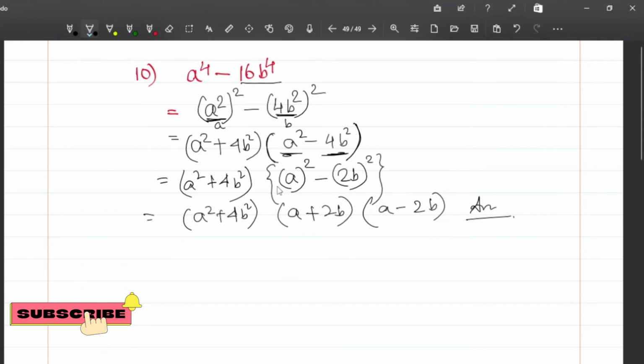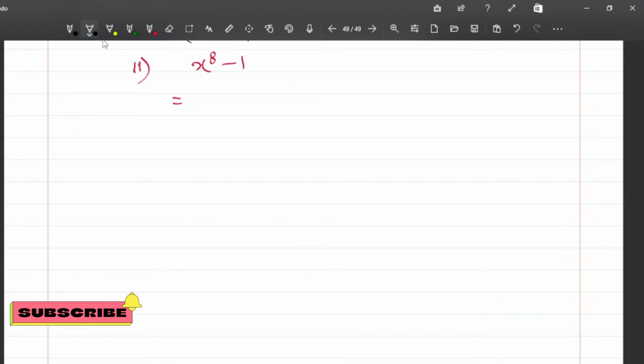Don't skip the video. Watch carefully to learn. Let's try sum number 11. You can write x to the power 4 whole square minus 1 whole square. Expand: x to the power 4 plus 1 product x to the power 4 minus 1.